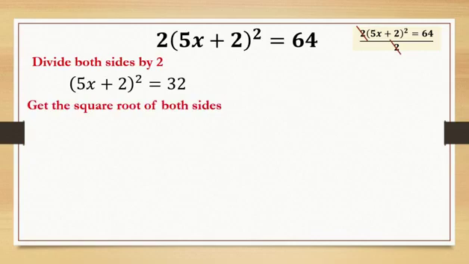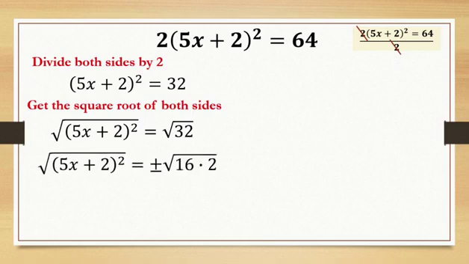And then, get the square root of both sides. So, we now have the square root of the square of quantity 5x plus 2 is equal to the square root of 32. So, we now have, get the factors of 32 na merong perfect square. So, since 16 times 2 is equal to 32 and 16 is a perfect square, ito ang magagamit natin.